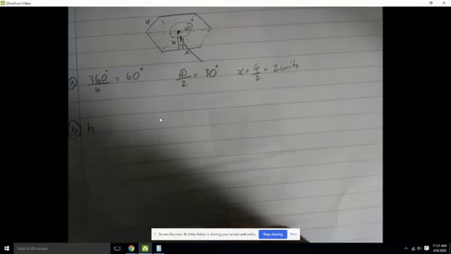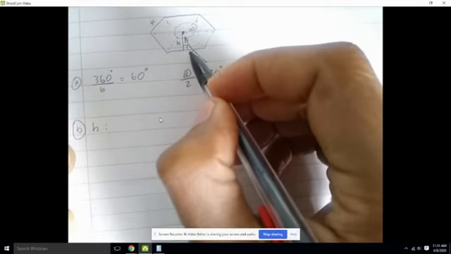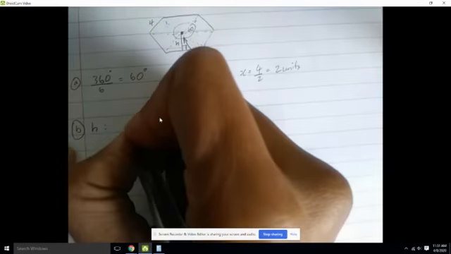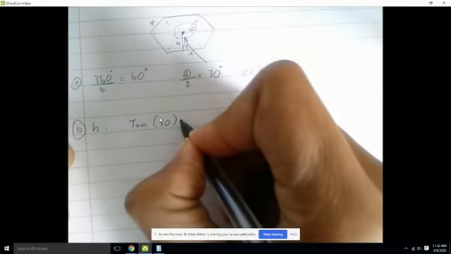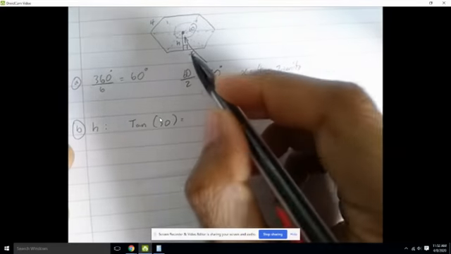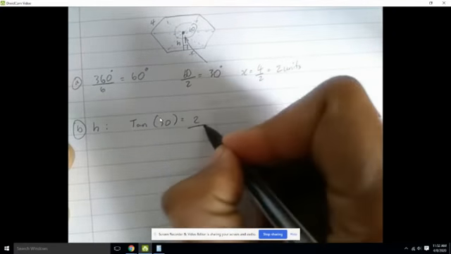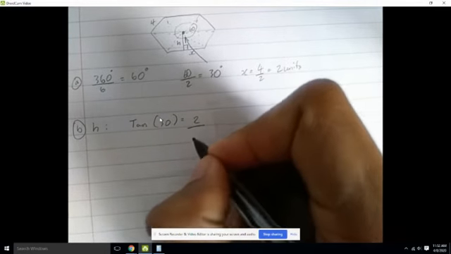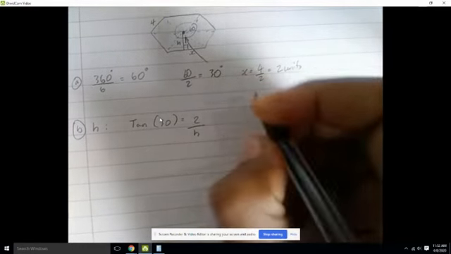Okay, so for h, we know the angle. So our angle here is 30. We have opposite and we have adjacent. So the function that we should use is therefore tan. So tan of 30 degrees is equal to opposite, which is 2, over adjacent, which would be our h.